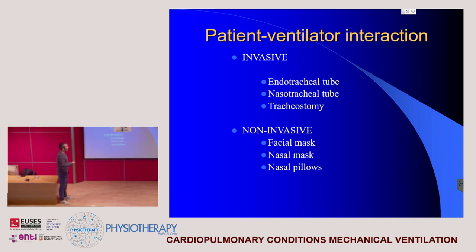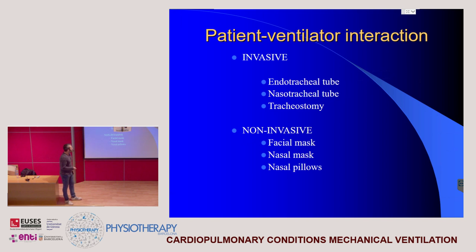And we will have a tube that will go from the exterior to the interior of the airways. We will have an endotracheal tube, nasotracheal tube, or also a tracheostomy, which is a surgical process performed in the trachea, passing a little tube inside the airways.